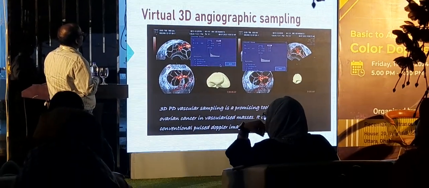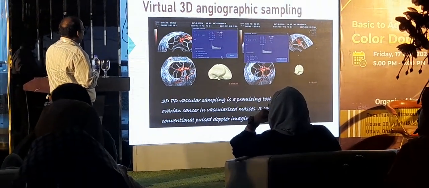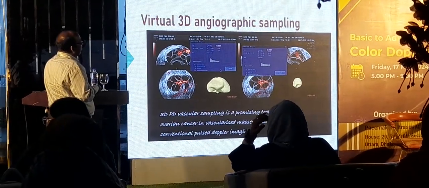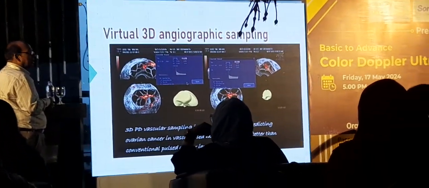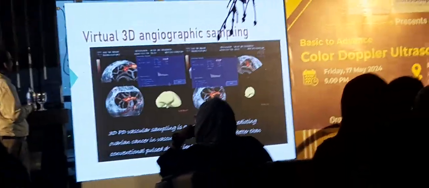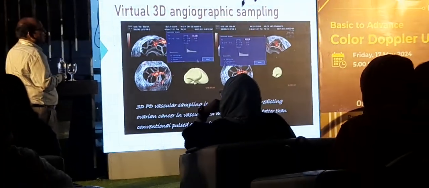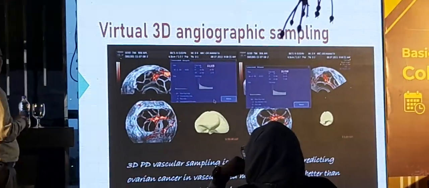Virtual 3D angiographic sampling. If we do B mode or without color Doppler, we can see the complex lesion in the organ. If we put in color, there will be changes. There will be color flow in the organ.